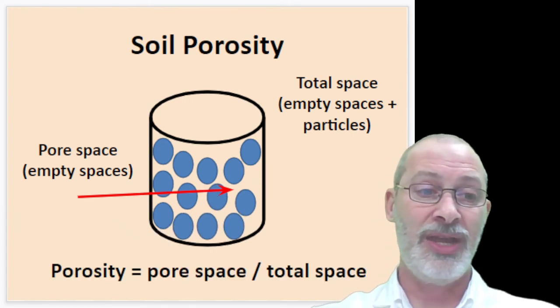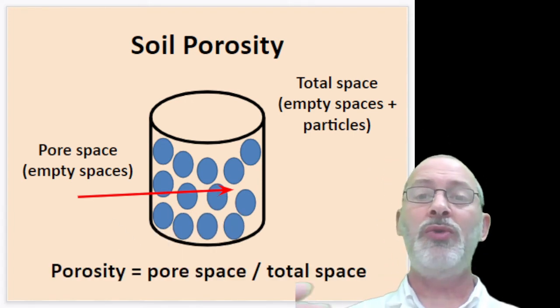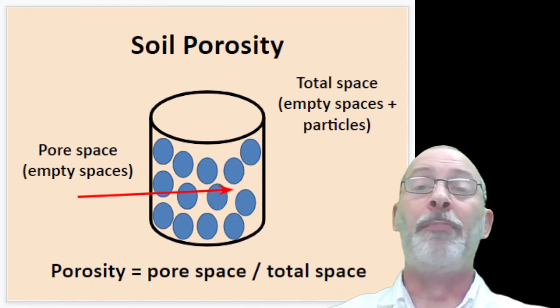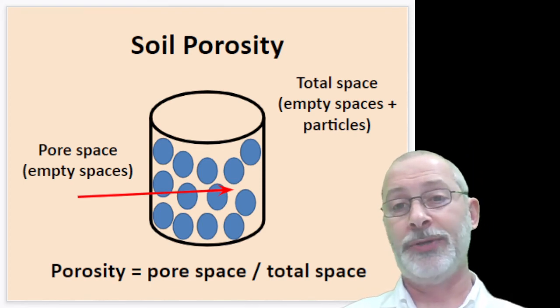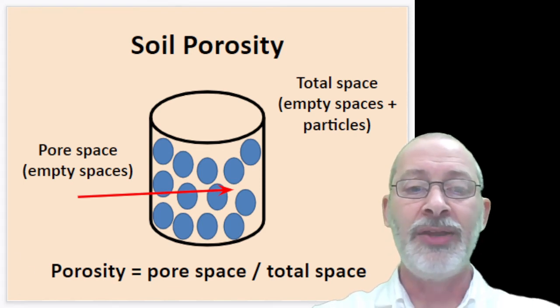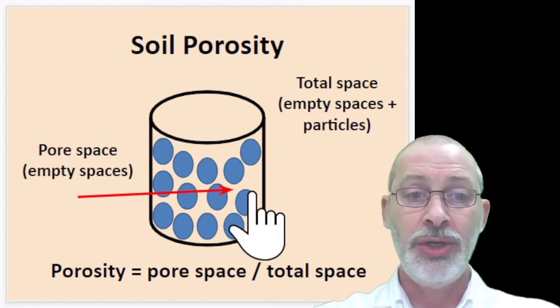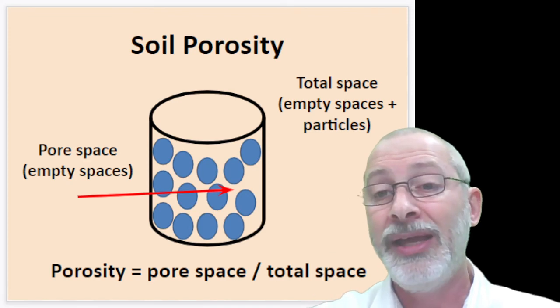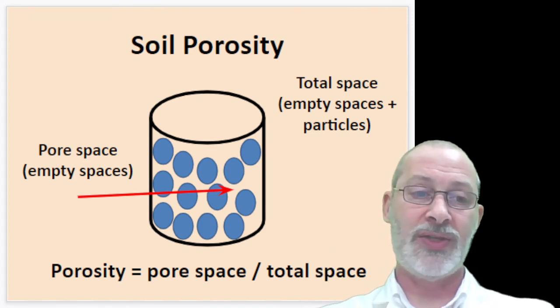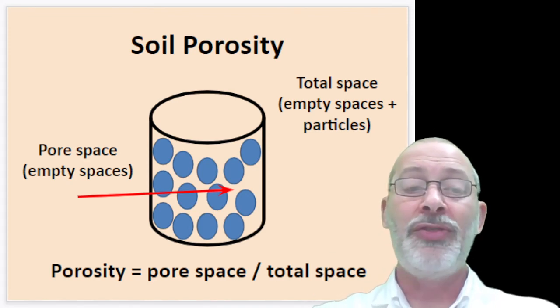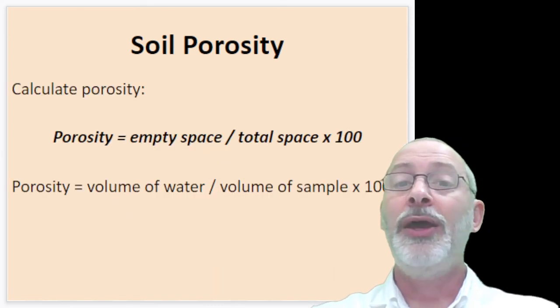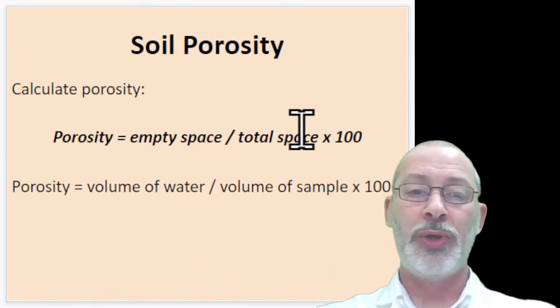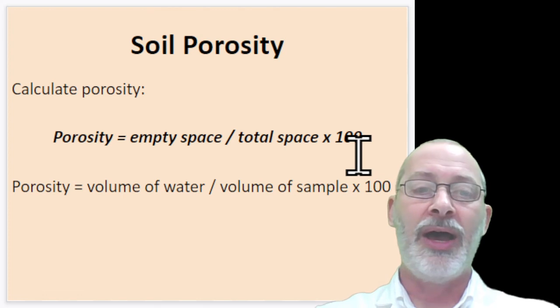And so we would be able to find the porosity of soil by taking the pore space, which would be the empty space, and dividing it by the total space. And by doing that math, we would come up with a percentage because we would multiply that number by 100.